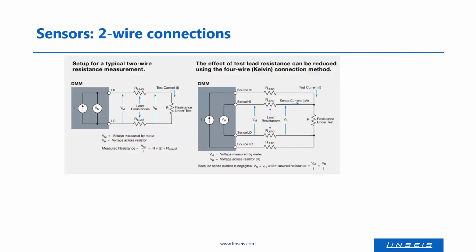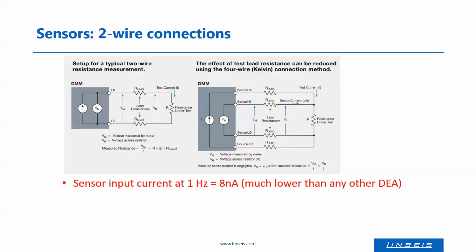The sensor technology which we are using is a 2-wire connection sensor, shown here on the left-hand side. The other possibility would be a 4-wire connection. The 2-wire connection has some benefits, but it's necessary to put in a very low current, so we are using an input current of only 8 nanoampere.